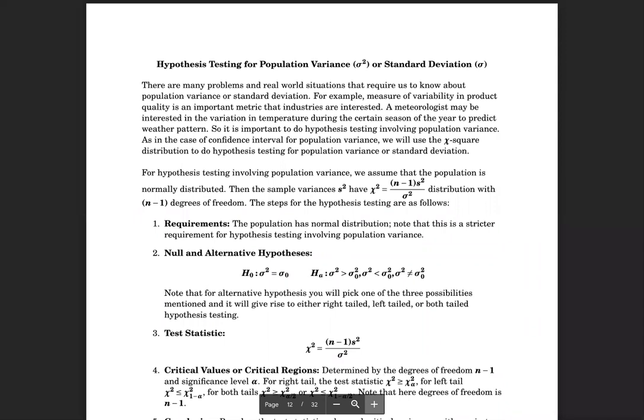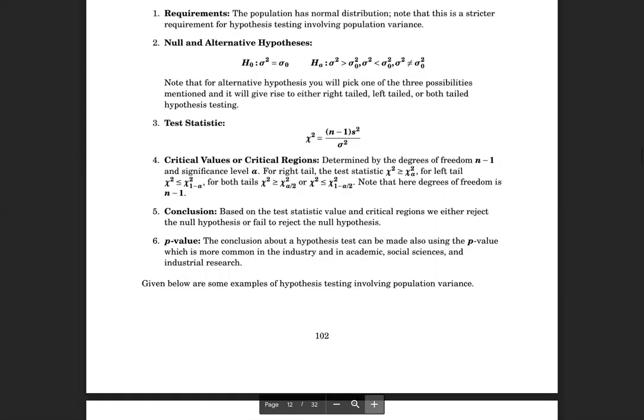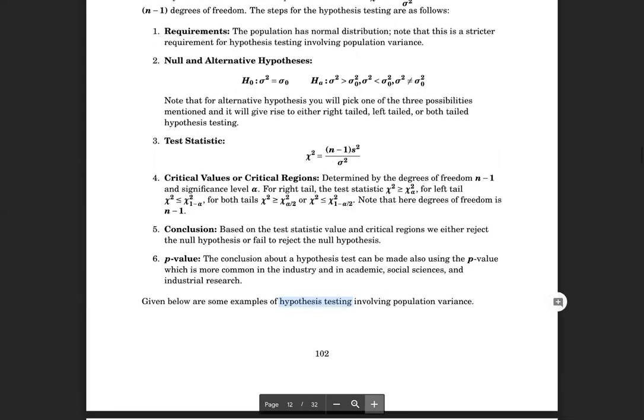We are going to do hypothesis testing for population variance. And we are going to use the chi-square distribution. Pretty much the same process. We need to make sure that it's a normal distribution.